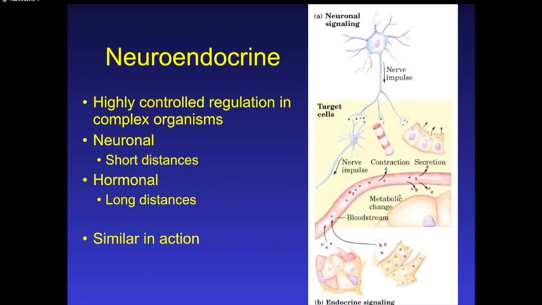And that usually includes the release of the small molecule in the bloodstream, which then actually goes over the entire body, but may only affect one tissue type because the actual tissue that this hormone is being released has the receptors for those, and the other cells do not. Neuronal and hormonal are similar in action. Molecule released, a response will occur, but timings are different in how fast they can process.